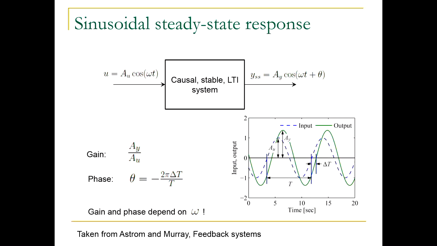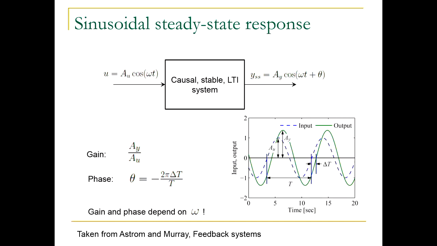If you have a nonlinear system, then what can happen is that the output in steady state may be a chaotic signal. It's not even a periodic signal. It may happen that the output has a frequency that is a multiple of the input frequency. It can be higher or lower frequency.